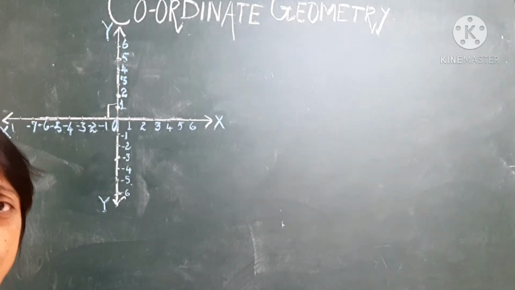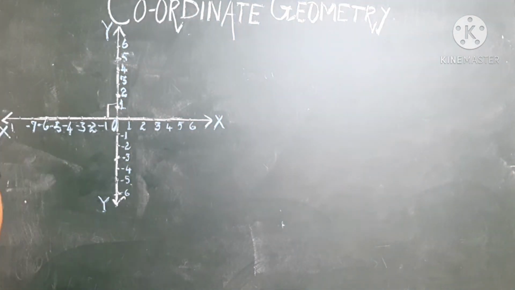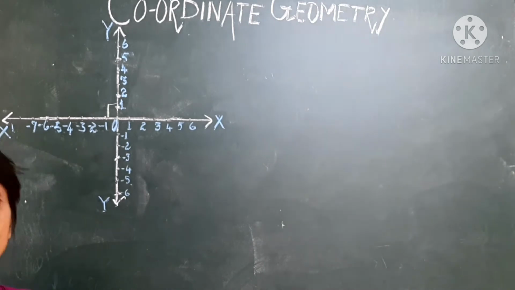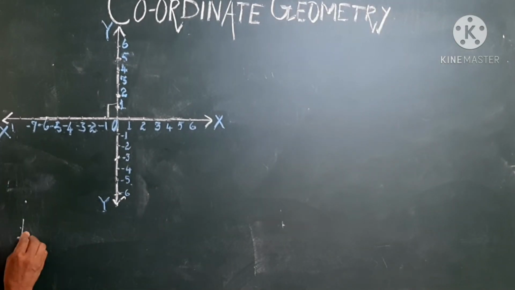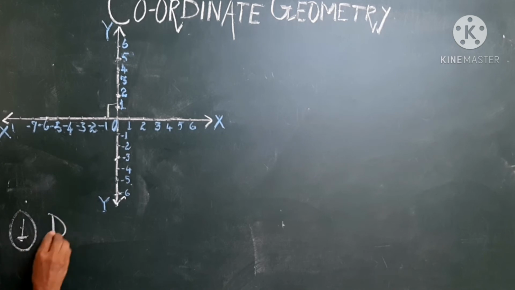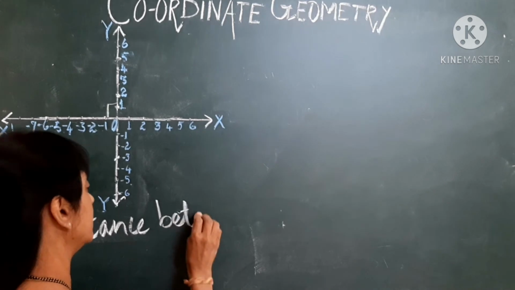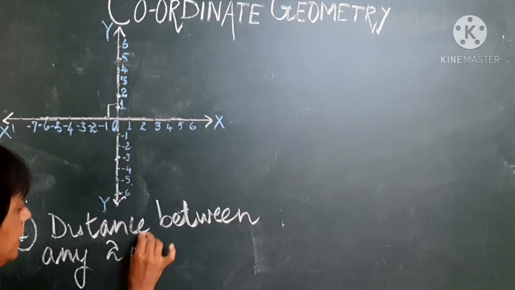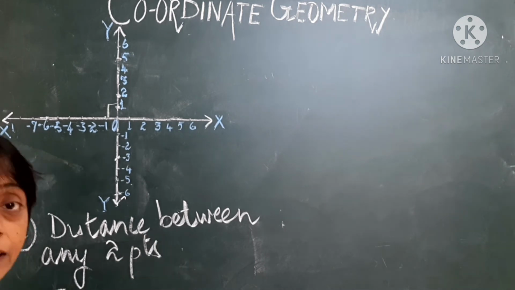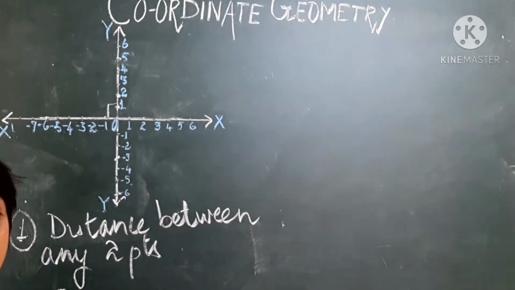So, to begin with, how do you find out the distance between any two points? We know that any point given to us with its positioned value given to us, the numerical value given to us, we find out the distance between any two points. Between points is always given by the formula, that is greater numerical value minus the smaller numerical value.